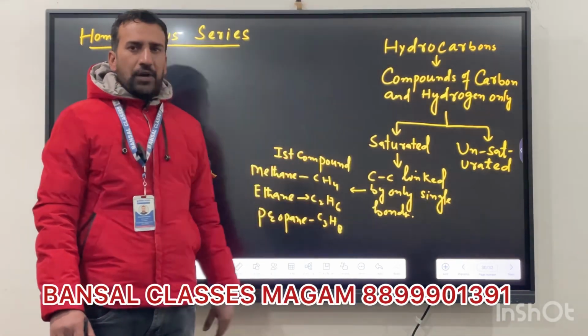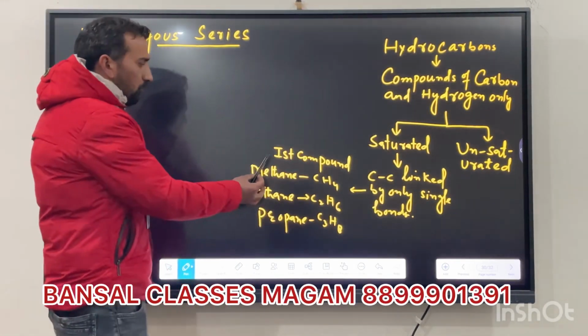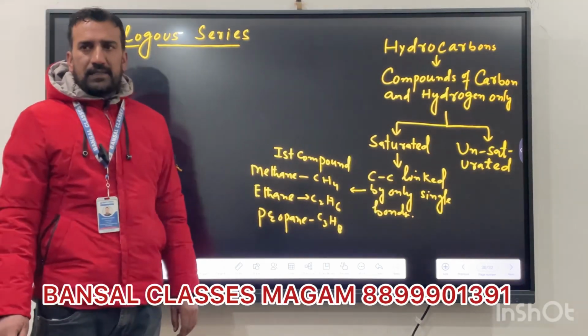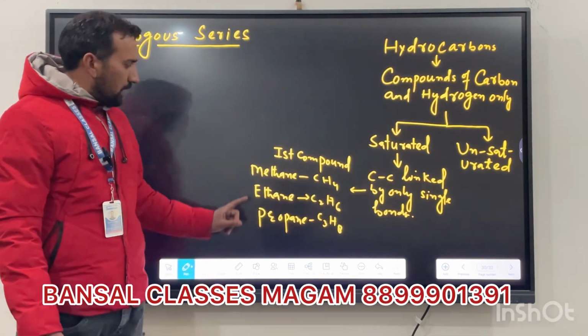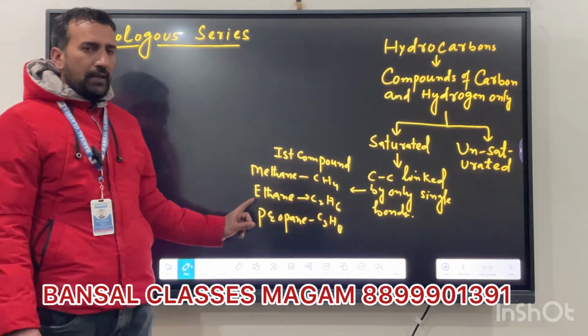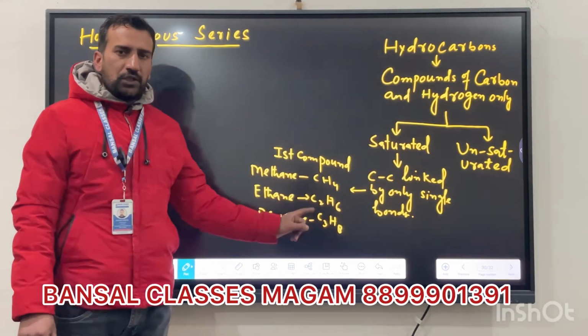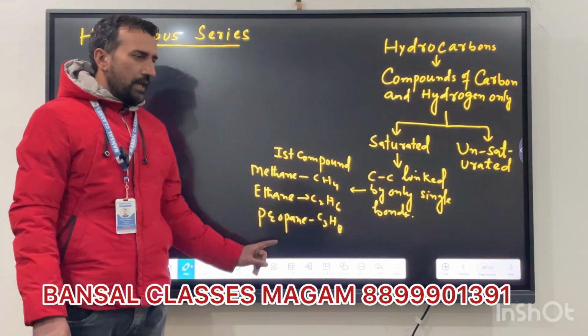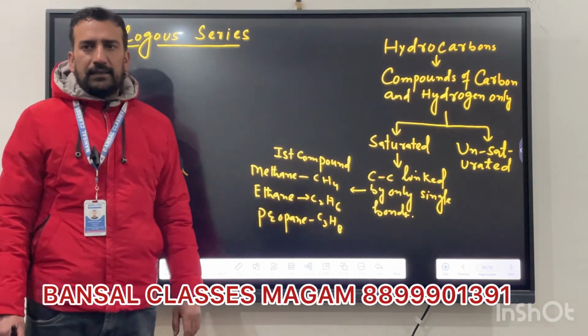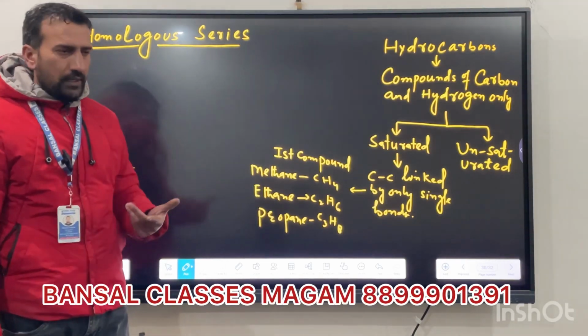In saturated hydrocarbons, we write the first compound, that is methane, with molecular formula CH4, and the second compound ethane with molecular formula C2H6, and the third compound propane with molecular formula C3H8, and so on.